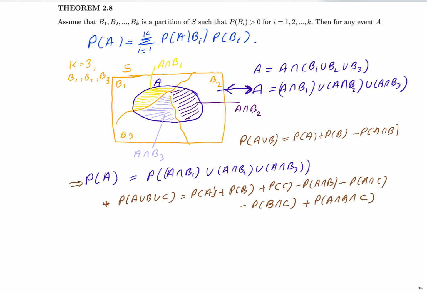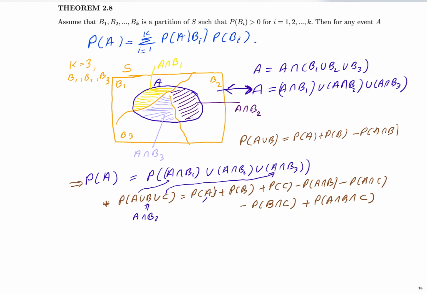Okay, here A, in our case, is A intersection B1, and B, in our case, is A intersection B2, and C is this one, A intersection B3, right? So apply that.